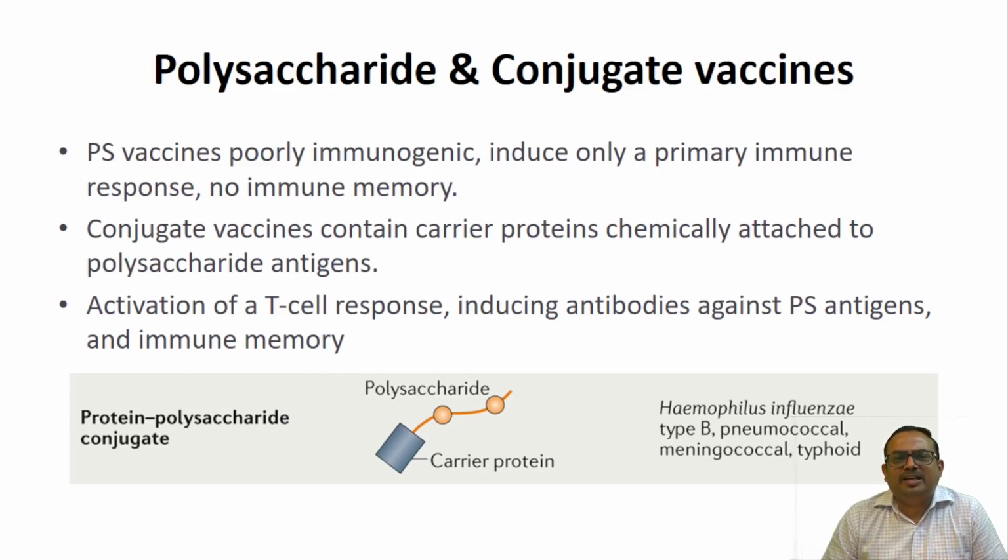When it is chemically attached to a carrier protein, it is able to activate a T cell response and induce antibodies against the desired antigen. Examples of protein polysaccharide conjugated vaccines include the Haemophilus influenzae type B vaccine, the conjugated pneumococcal vaccine, conjugated meningococcal vaccine, and conjugated typhoid vaccine.